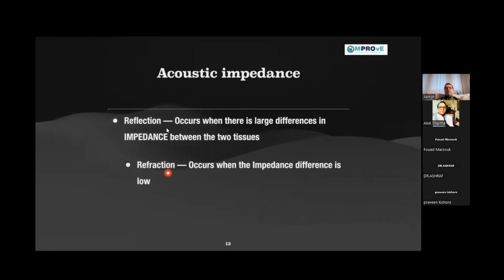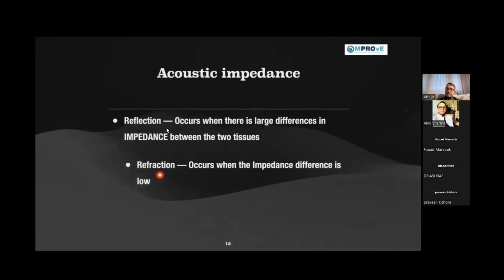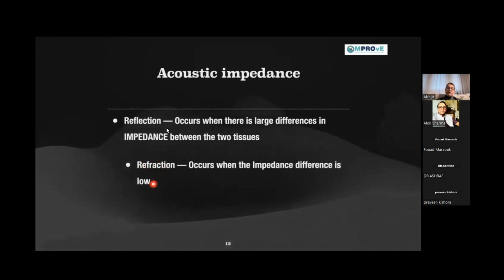You can imagine the ultrasound waves propagating through soft tissues and fluid interfaces. In those cases, there will be refraction. Not all of the waves will be reflected back to the transducer. Some of it will be reflected, and some will just refract. It will change the angle of the waves, and that will give you a lower brightness, more towards the grayer scale.